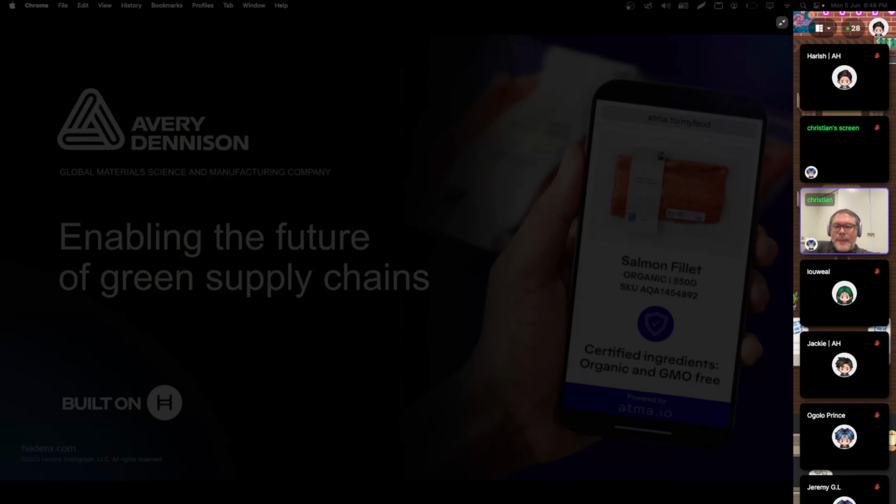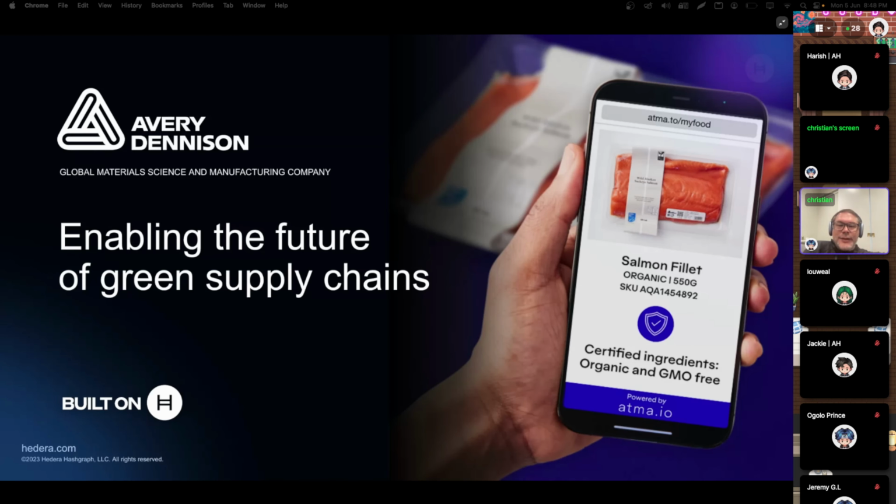Next one is Avery Dennison, the world's largest manufacturer of labels. If you look on food or pharmaceuticals or on your clothes, you probably have a tag that's issued by Avery Dennison. One of the types of tags that they do is an RFID tag.